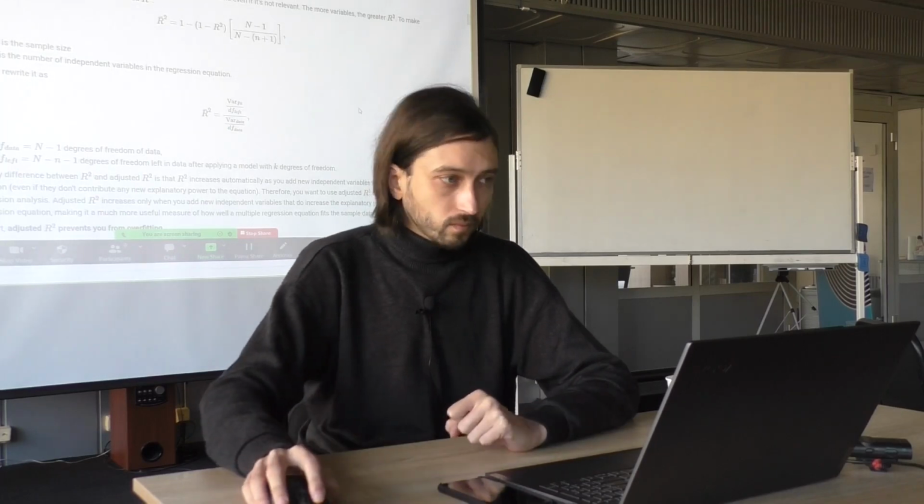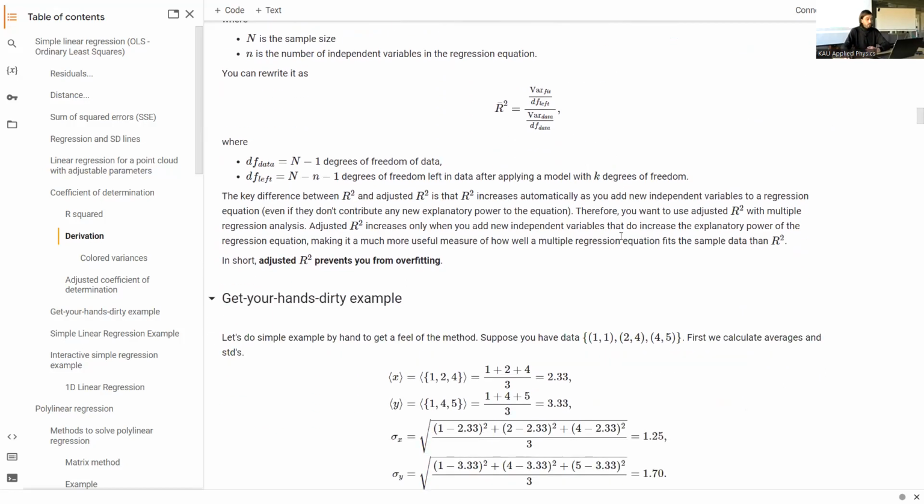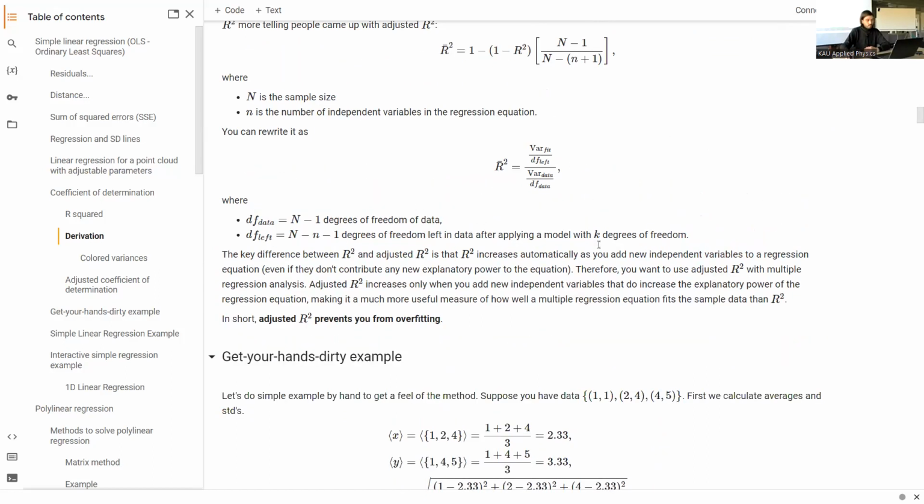No, it's no good. That's why we have the adjusted coefficient of determination, which takes into account the size of the sample and the number of independent variables that you have in the regression equation. It tries to compensate for that problem you get by adding new dimensions and makes your models better comparable, so that you can compare models with some features and without them.